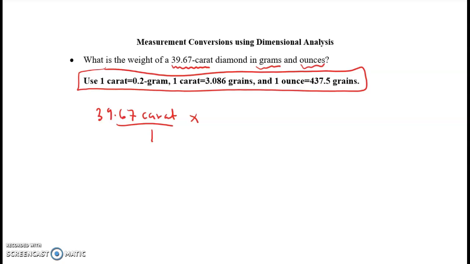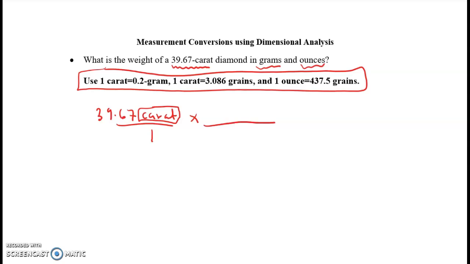With the dimensional analysis, you always want to express the identity ratio in a way that the unwanted unit is in opposite position, leaving the desired unit you want at the top. Since we have carat at the top, we are not interested in having carat. Our main goal is to have grams as our final measurement.